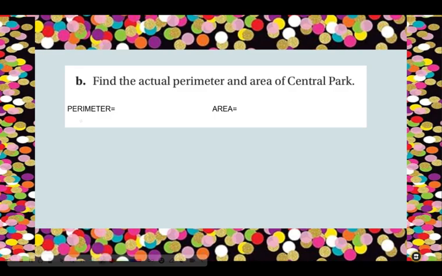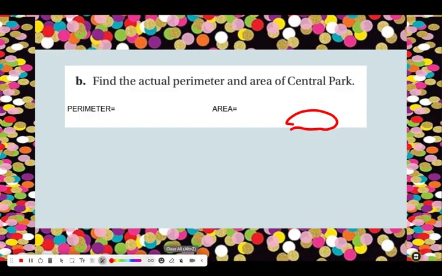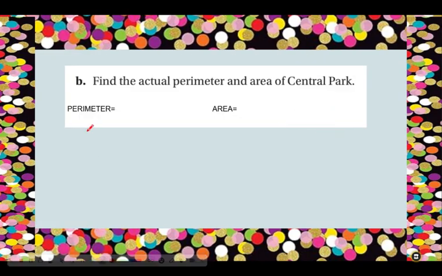Okay, so now they want us to find the actual perimeter and the actual area. We said that the length was 13 centimeters. Let me go back to the drawing. The drawing said there's 1 centimeter to 320 meters, so we're going to need that. So 1 centimeter is 320 meters. Model, we're drawing over the actual, right?